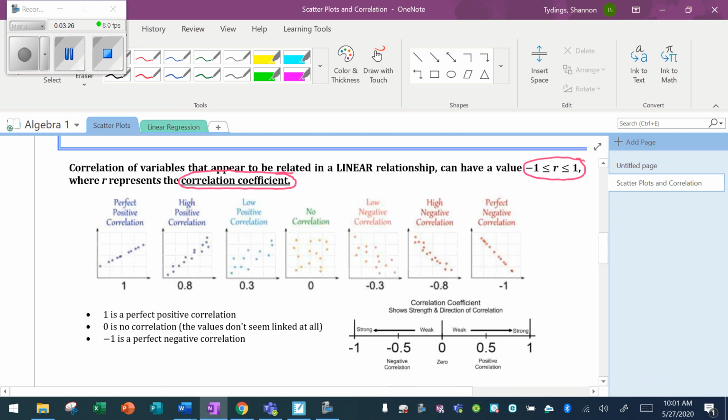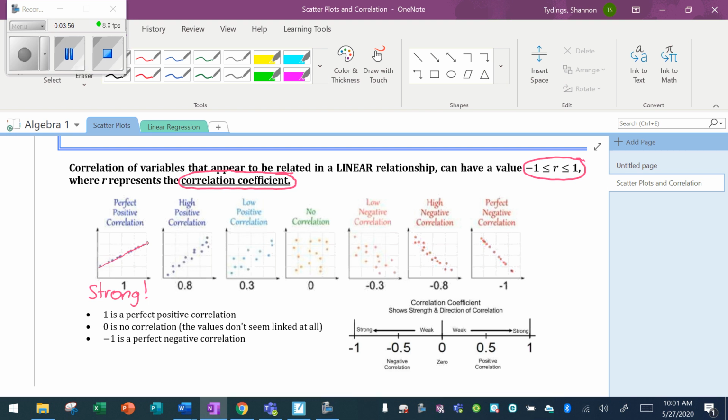If you look at this scale, it's going to help us determine what's going on. Something that has a perfect positive correlation, look at those lines. It looks like it's making an exact straight line, meaning this would be a strong, perfect positive correlation. Notice the slope: the line of best fit would have a positive slope, meaning the correlation coefficient is also positive.